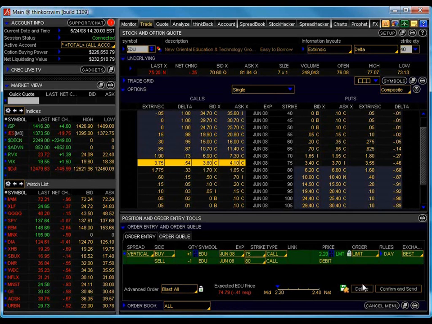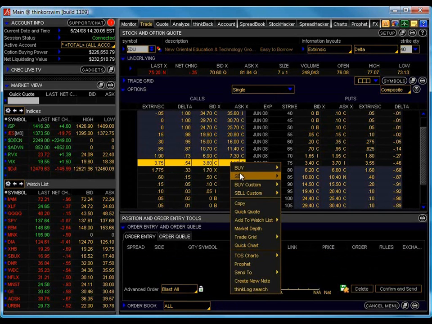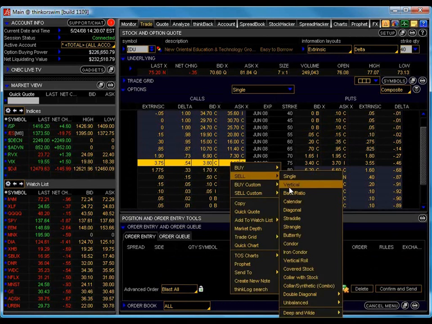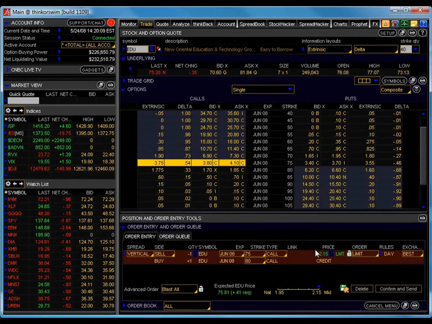Now, when we do the opposite, we actually sell the vertical. We collect a credit of $2.15. Now what happens if the stock stays the same? It does not move, and it's $75 at expiration. Well, if it is $75 at expiration, we get to keep the maximum credit that we put this trade on for, which is $2.15.